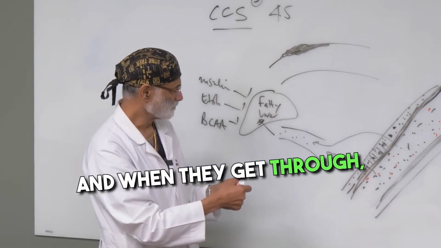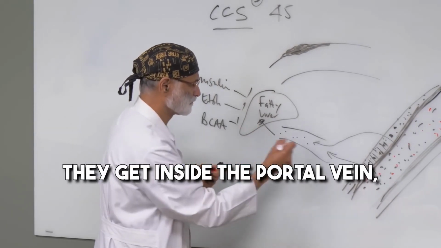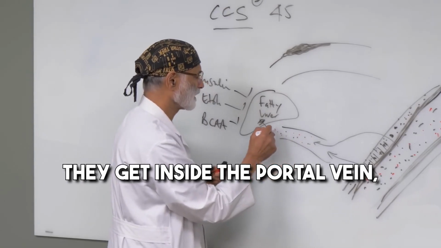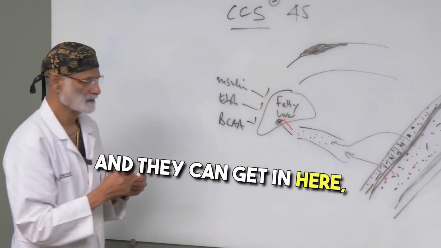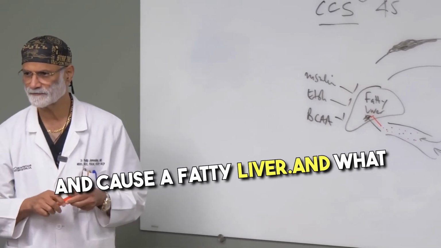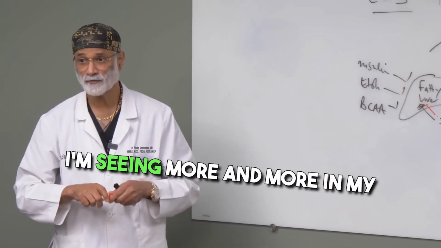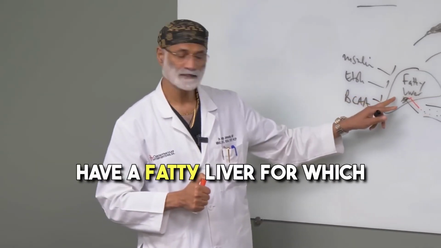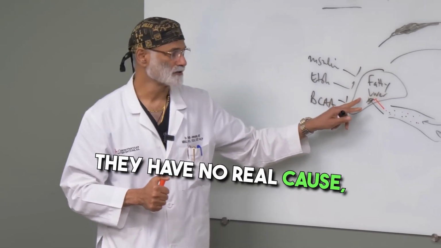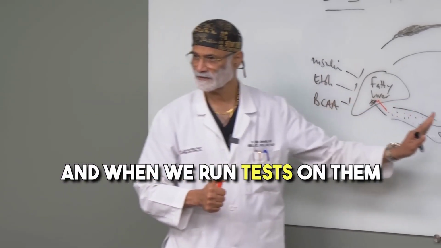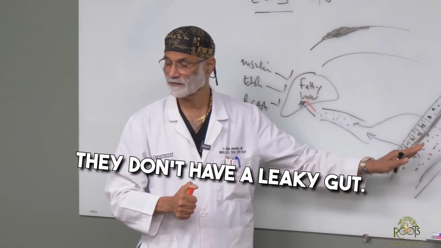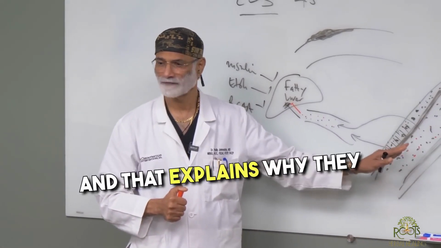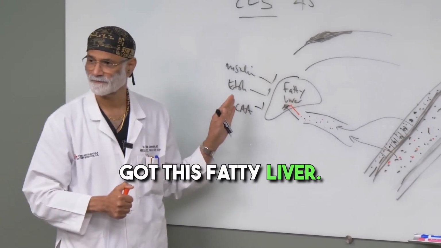And when they get through, they get inside the portal vein, and they can get into the liver and cause a fatty liver. What I'm seeing more and more in my practice is that many patients have a fatty liver for which I have no real cause, and when we run tests on them to look for leaky gut, they have a leaky gut. And that explains why they got this fatty liver.